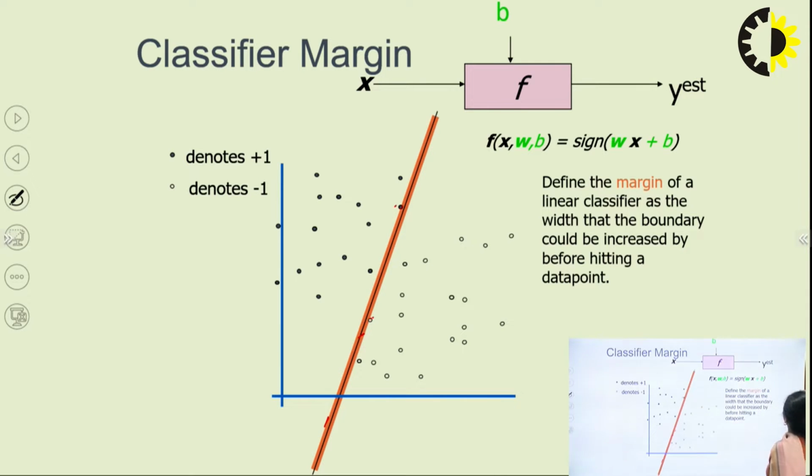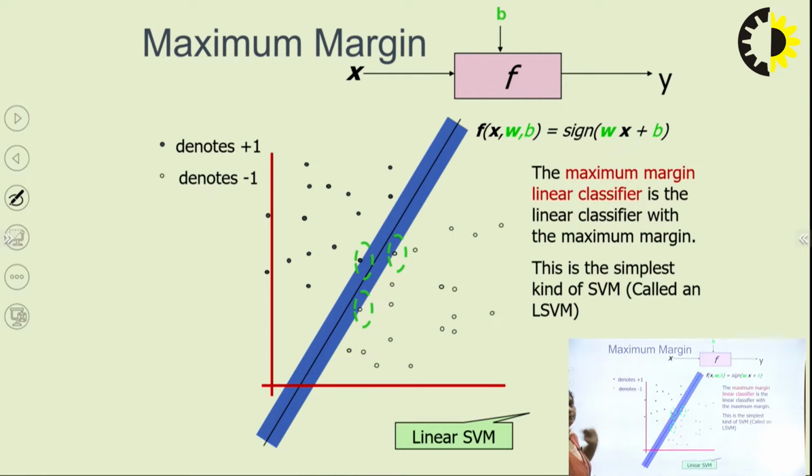Now if we try to change it, see, in this particular one, if I consider this linear classifier, I have a good margin. This is the maximum margin linear classifier. It is SVM.